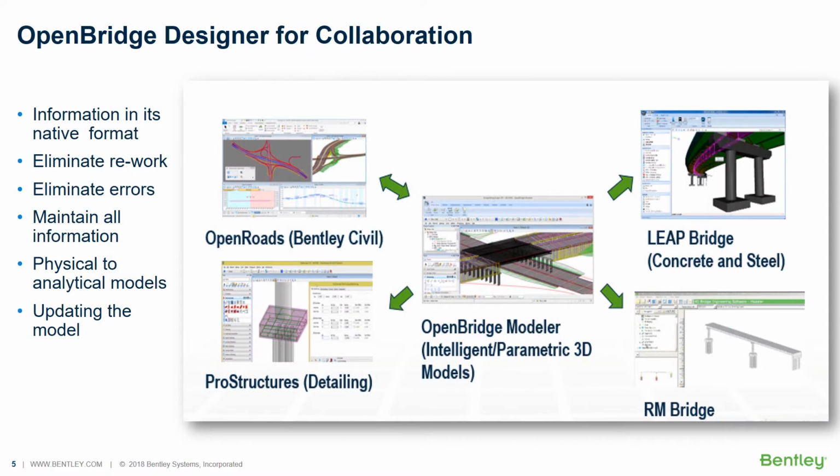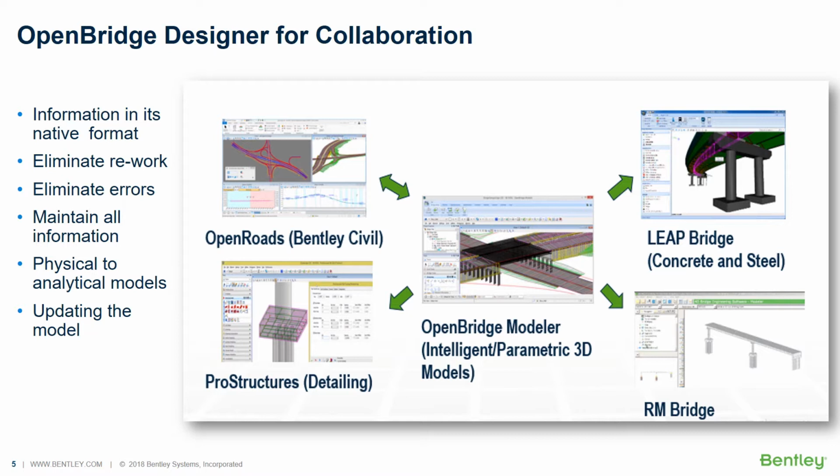So the idea of OpenBridge Modeler or Designer is collaboration. That same model, as I showed you before with this BIM interoperable bridge workflow, will be used to design with Bridge Concrete or Steel. For detailing, we will use ProStructures.